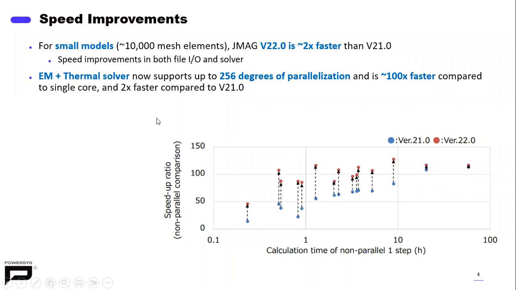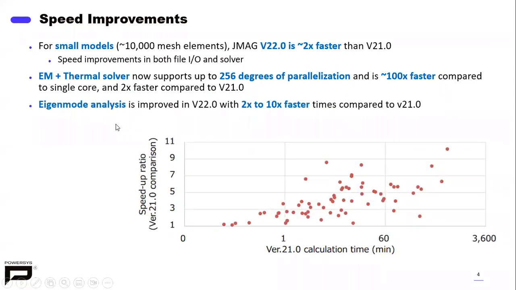And when we go for a coupled analysis of electromagnetic analysis and thermal, version 22.0 now supports up to 256 degrees of parallelization, and it is almost 100 times faster compared to a single core, and 2 times faster compared to version 21.0. In Eigenmode analysis also, 22.0 is improved, 2 to 10 times faster compared to the previous version 21.0.